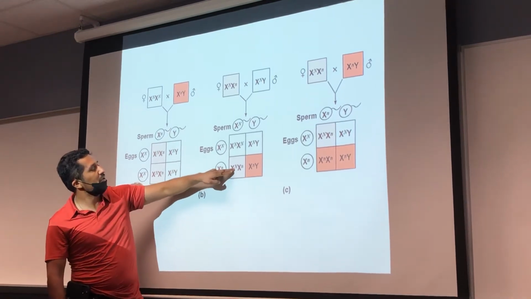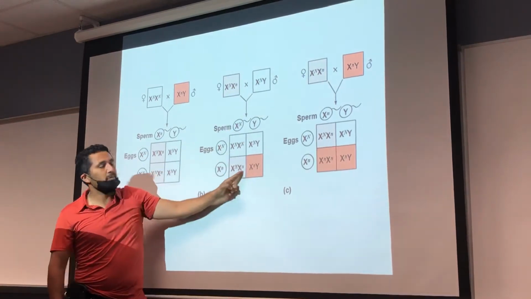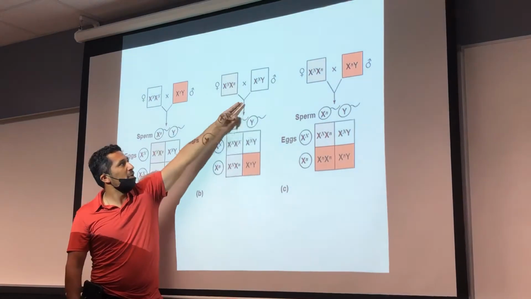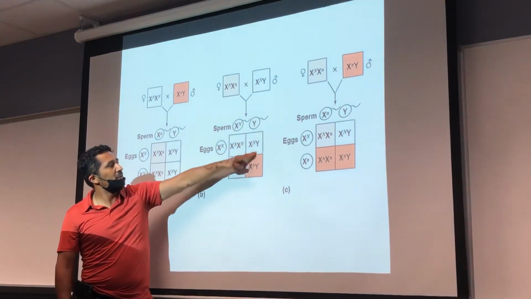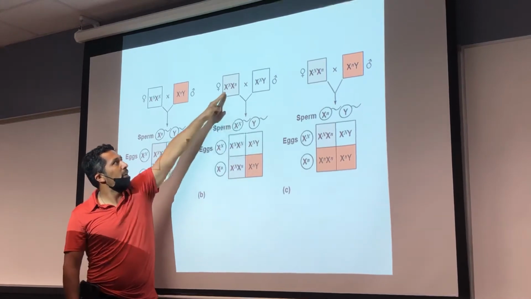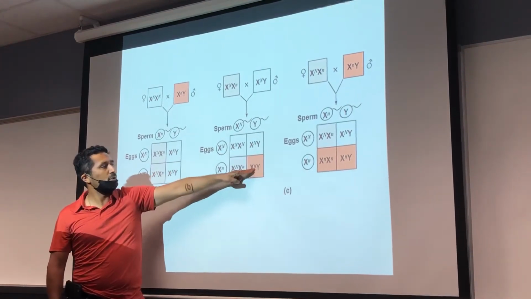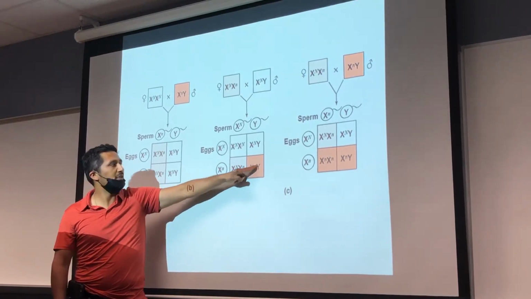And that is because they receive this one from the dad and this one from the mom. Heterozygous. Here, in this case, the boys receive the Y chromosome from the dad and the X chromosome from the mom. So one is going to be wild type, dominant, and the other one will be recessive, mutant. Okay, so one is affected.